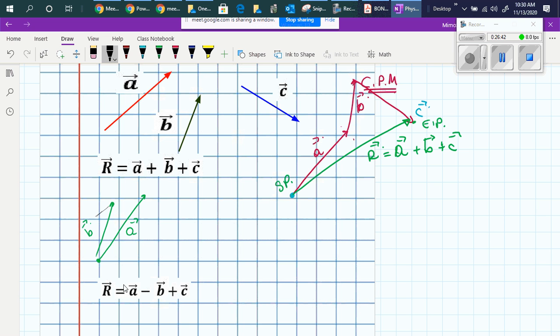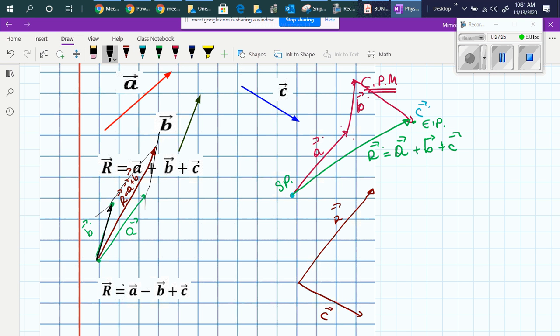So first this one here. As you see, it's not quite this and this. So this will be a resultant vector, just A and B. And then we take this resultant vector and add vector C here.